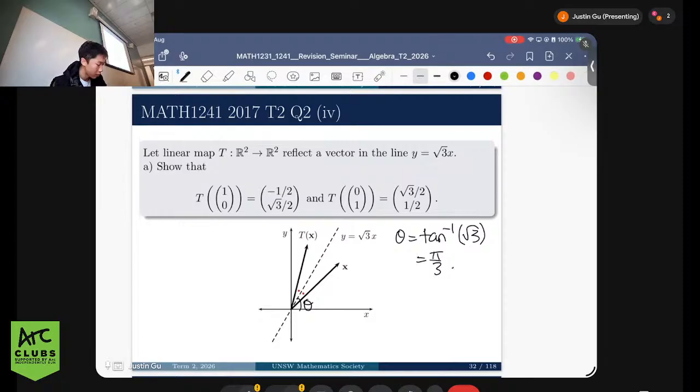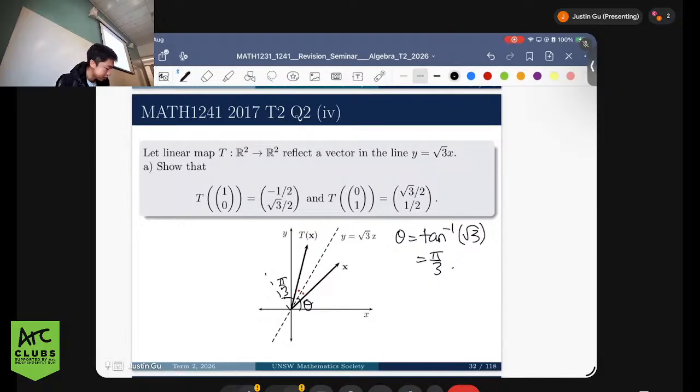So our first vector is 1, 0, so it looks something like this. But essentially we're just reflecting it about this line here, right? So it looks somewhere here. This angle is pi on 3, which means that our other angle here is also pi on 3 because it's symmetric. So there's going to be some vector here that's also pi on 3 more, so a total angle of 2 pi on 3. Note that the length of this vector doesn't change because we're purely reflecting it.